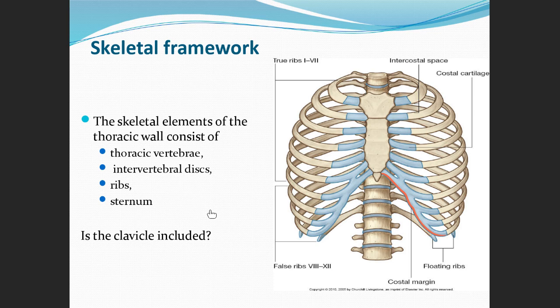But when you're talking about the thorax, the clavicle is not in the picture. We're talking just mainly the ribs and anything attached to the ribs, so your manubrium and the vertebrae in the back. Just keep that in mind because that is an important board question that comes up a lot: is the clavicle part of the thoracic cage or not?